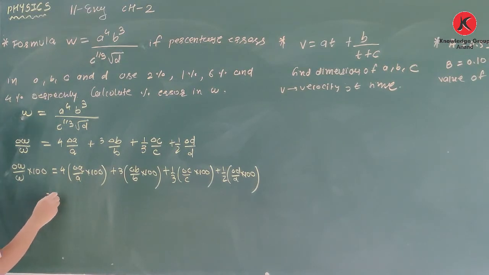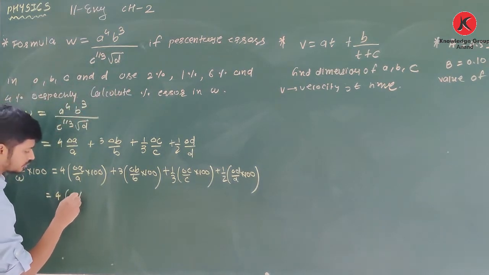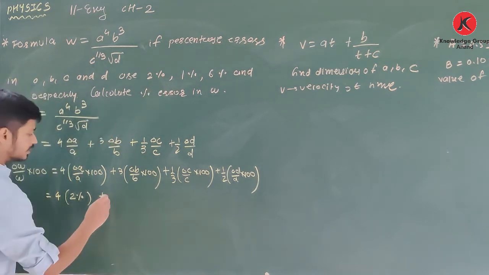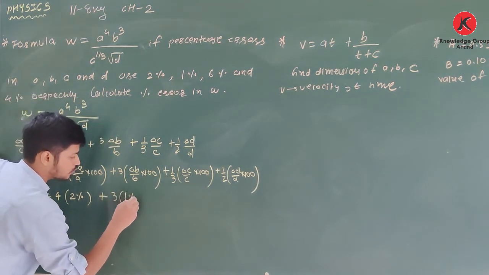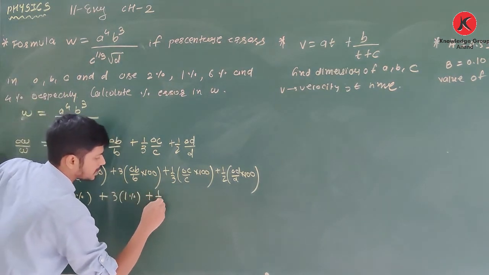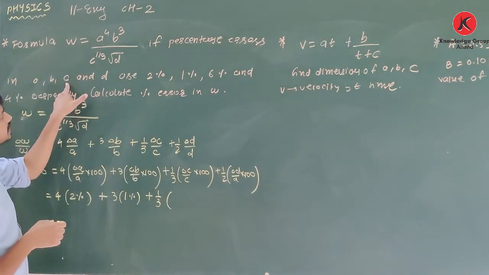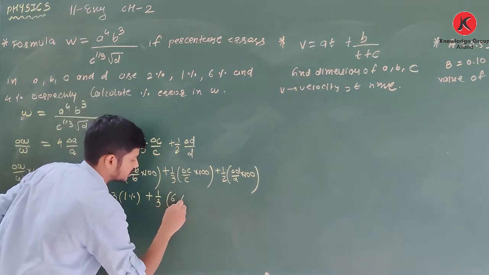Now, percentage error in a, which means delta a upon a into 100, is equal to 2%. Percentage error in b means delta b upon b into 100 is equal to 1%. Delta c upon c into 100 means percentage error in c, and it is 6%.